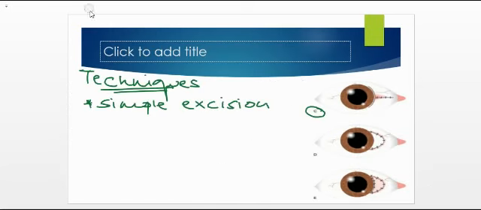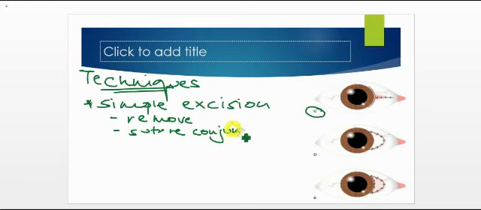That is what you do first, and then I'm going to write: remove as above, then suture the conjunctiva to cornea. That's it. As you can see there, I sutured the conjunctiva back to the cornea. Done. Simple, right? So simple excision.